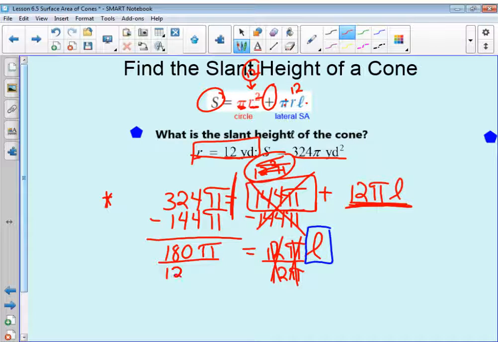Divide by 12, divide by pi. Pi's gone. I'm going to now do 180 divided by 12. When I do that, I get 15. Equals what I have left on this side that's not crossed out, my L. So here I just found out that my slant height is 15. The label was yards, so it'd be 15 yards.